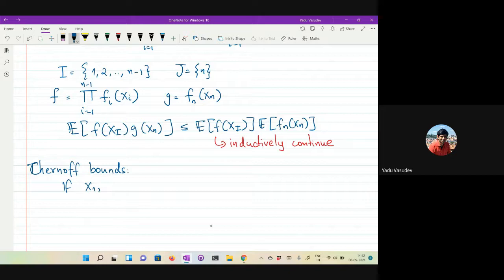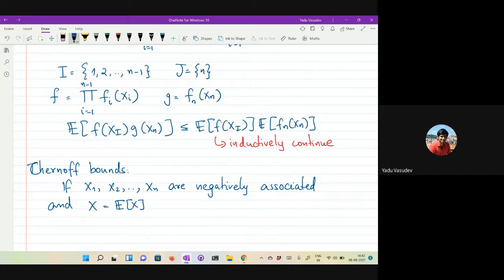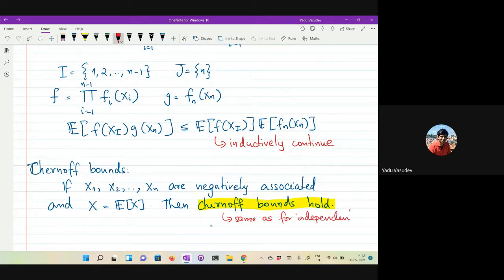If x1, x2 up till xn are negatively associated, and X is the sum with expectation of X, assume that they are identically distributed also, then the Chernoff bounds hold, the same Chernoff bounds as for independent random variables.